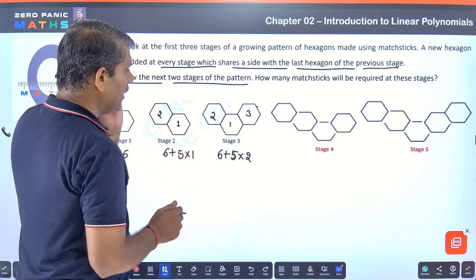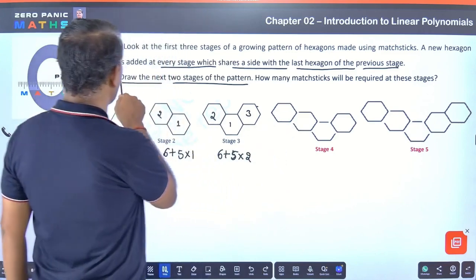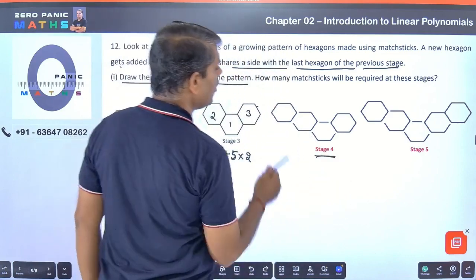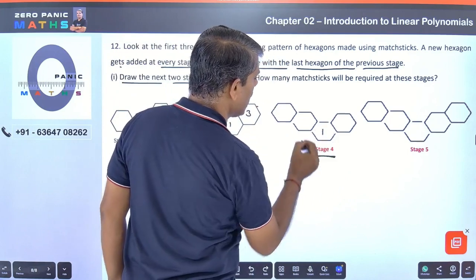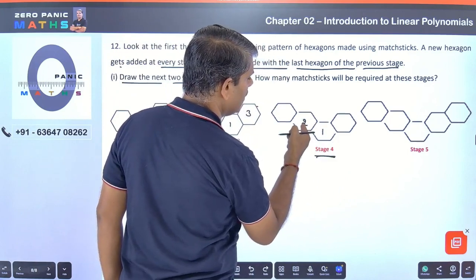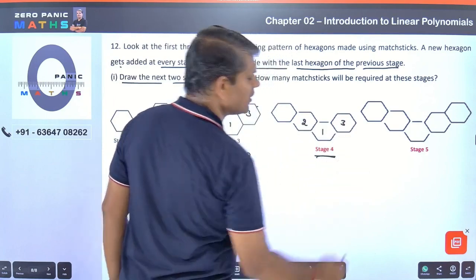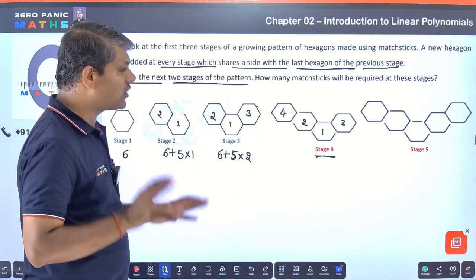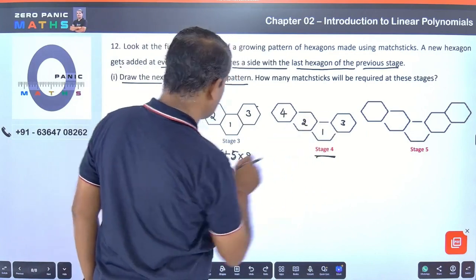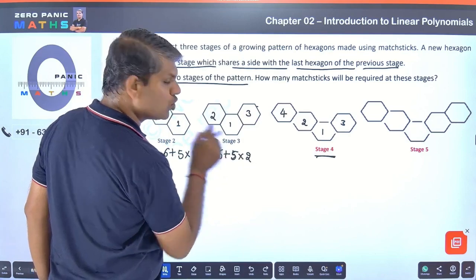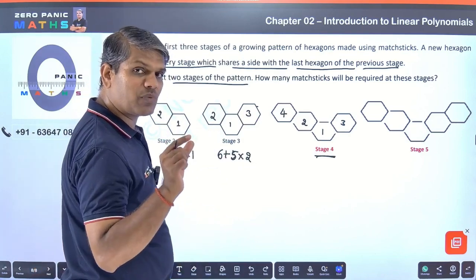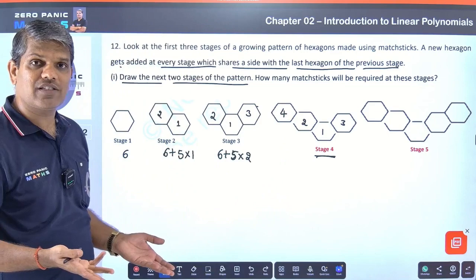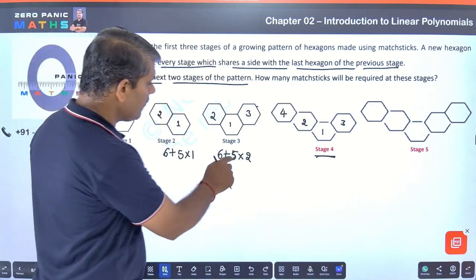Now, to answer the first question, I have drawn this stage 4. This was stage 1; I added the second hexagon in stage 2 and the third hexagon in stage 3. Suppose this is the fourth hexagon added at the fourth stage. It means that 6 plus 5 into 2 matchsticks were already used. If I add one more hexagon, how many additional matchsticks are required? 5 only, so it is 5 into 3.